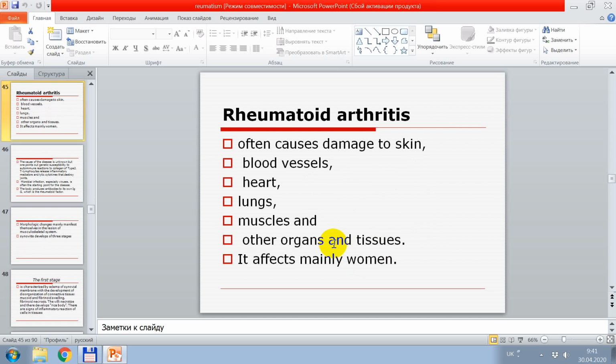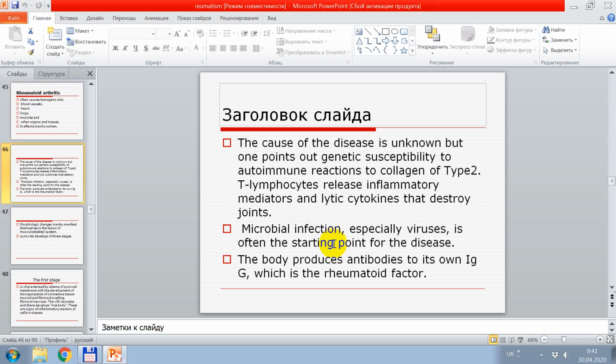Also, rheumatoid arthritis often causes damage to skin, blood vessels, heart, lungs, muscles, and other organs and tissues. It affects mainly women. The cause of the disease is unknown, but one points out genetic susceptibility to autoimmune reaction to collagen of type 2.